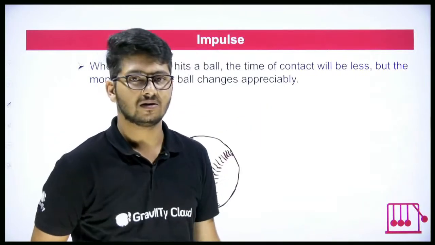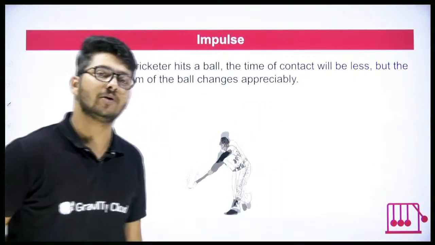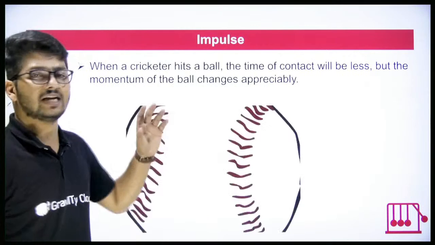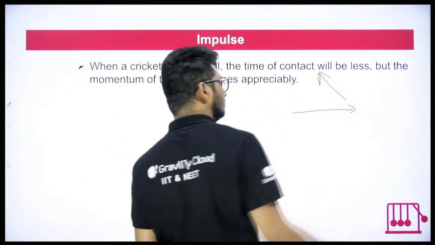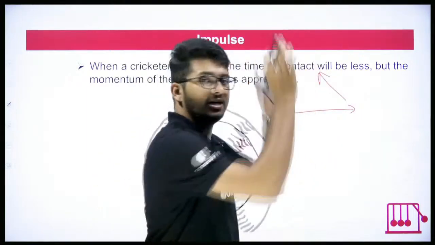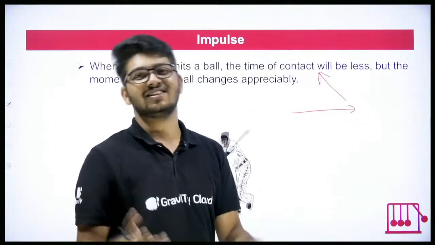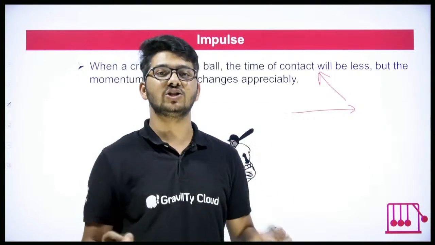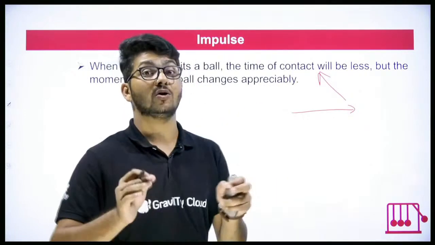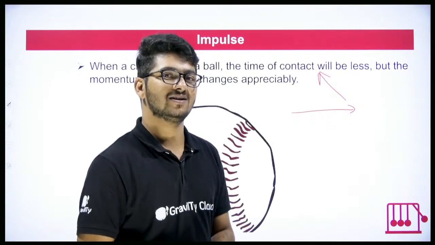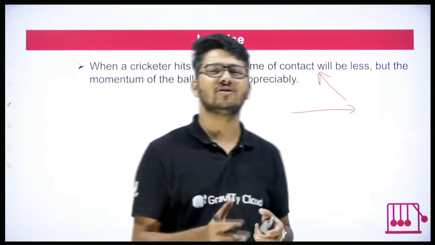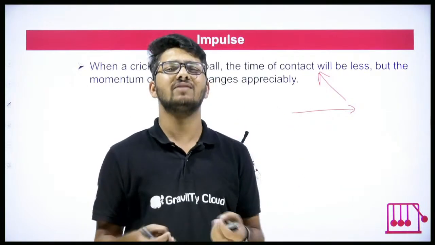But the force will be greater because there will be a great change in momentum. The ball came like this and it went like this. Its speed will change, its direction will change. That means there is a considerable change in momentum. We can easily observe the change in momentum. So in such cases, finding out force will be difficult, because time is very less.